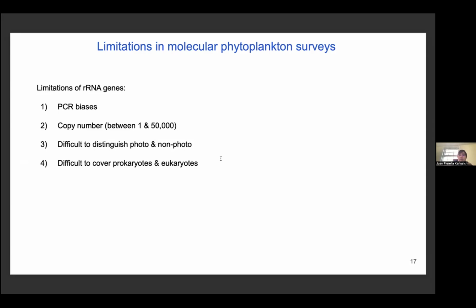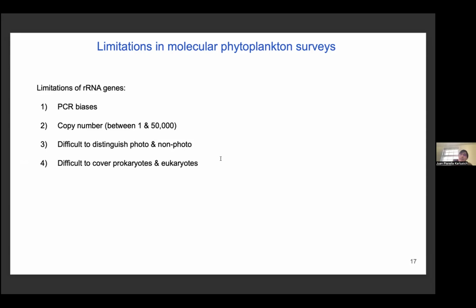For example, the primers that we use and the PCR conditions always introduce biases in which certain taxa are over-amplified. Also, there is a problem with the copy number variation of the ribosomal RNA genes, and this is not a small problem.